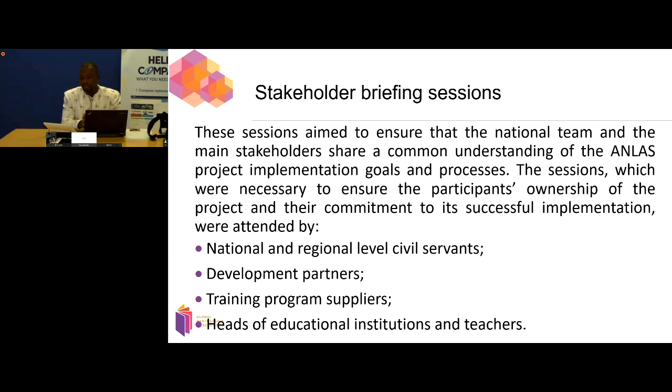So this was a mandatory phase for the collaboration and cooperation for the success of this initiative.